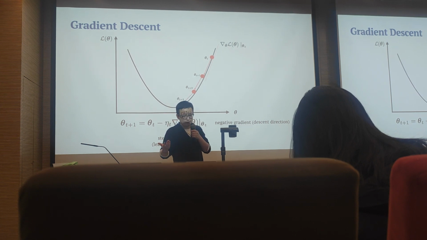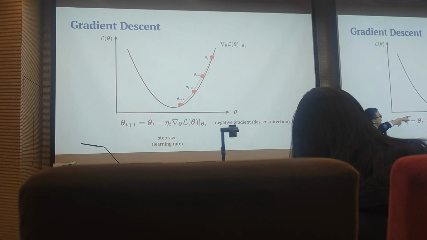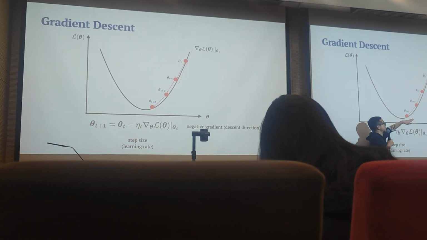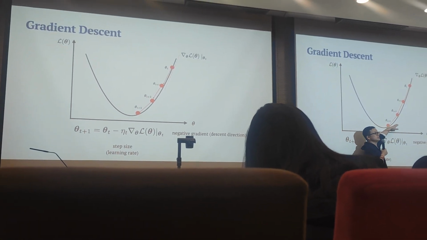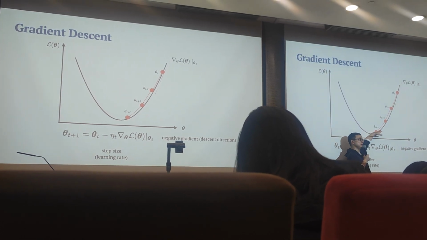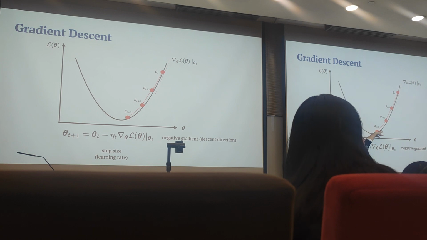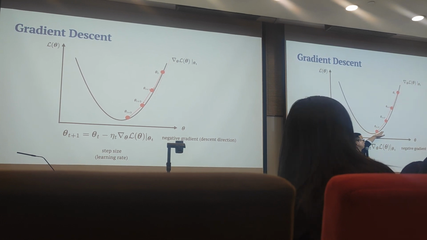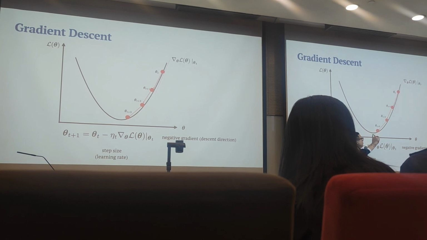In the end of the day, we go to the point where the loss is minimized, and we find the best theta, so the best W1, W2, and B. In this procedure, what we need is the gradient at that time step, and that is given to you by PyTorch. As long as you have the computational graph, you are able to compute the gradient, and following it you will descend to the local optimal point, the lowest point.